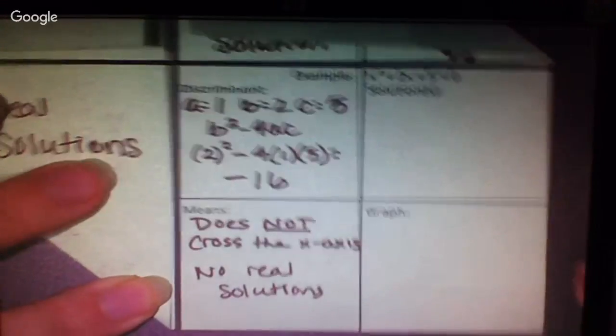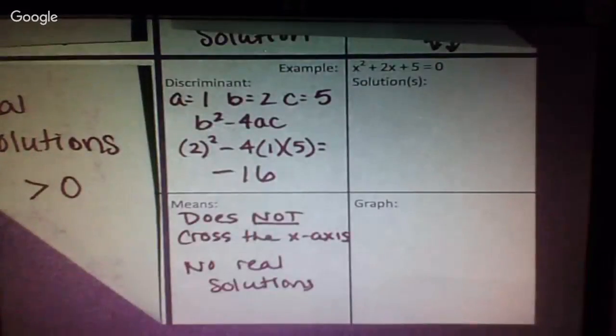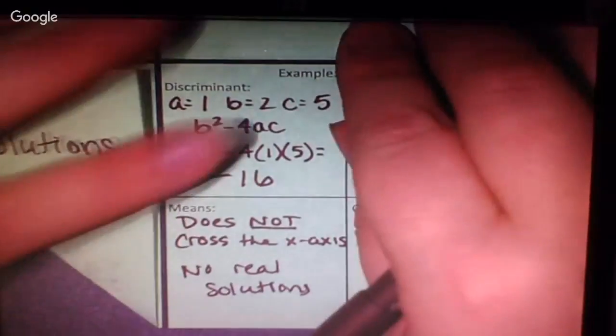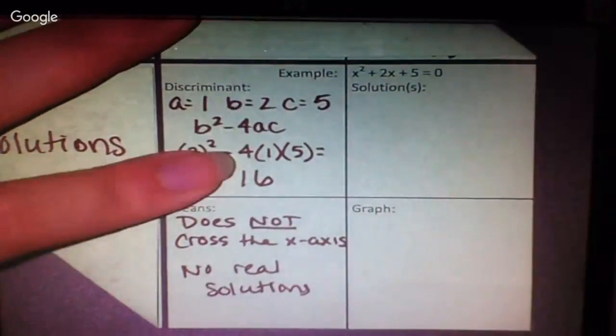I will tell you this. You will have solutions. They're just not real. We're going to start into imaginary numbers. If they're imaginary, then they're not real, so that means they don't exist. So why can't I just come up with 85%?